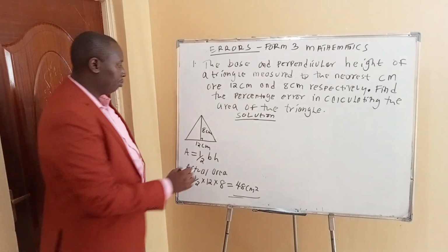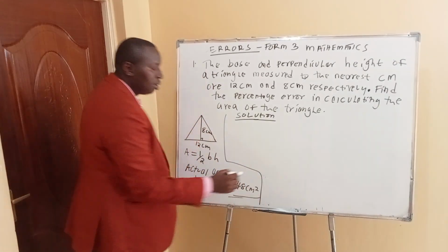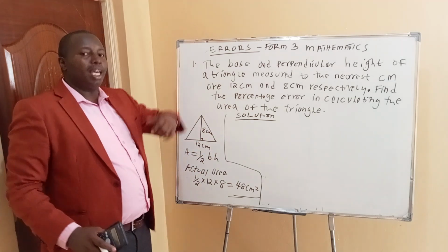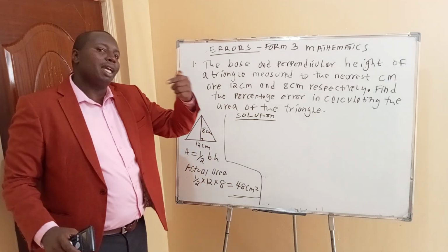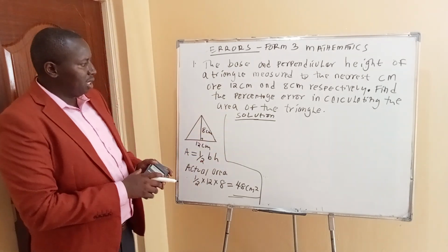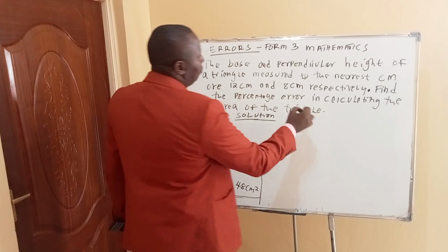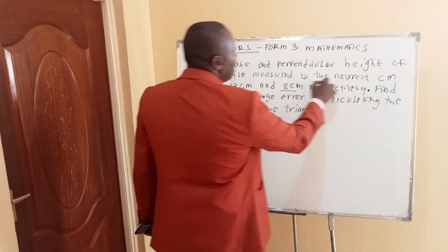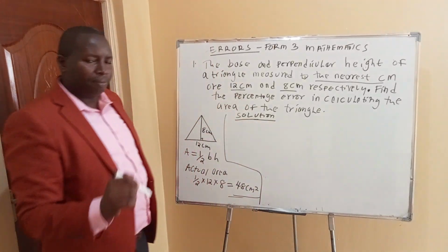Step number 2. You find the maximum area, then the minimum area. In this case, you are given 12 centimeters and 8 centimeters, but you are told, measured to the nearest centimeter.